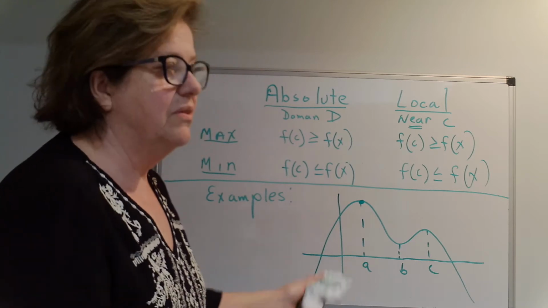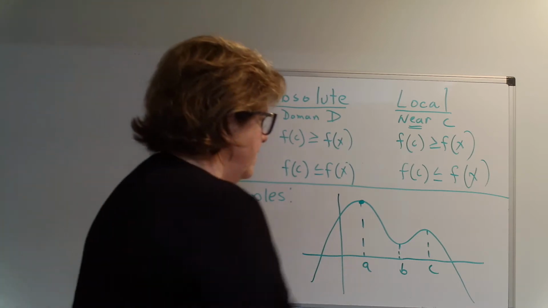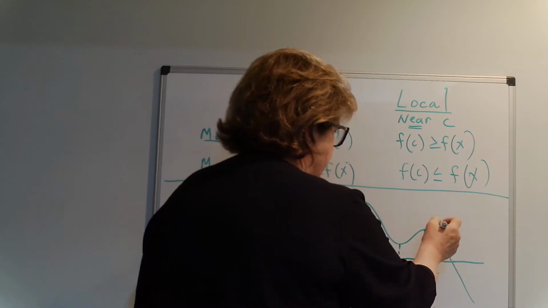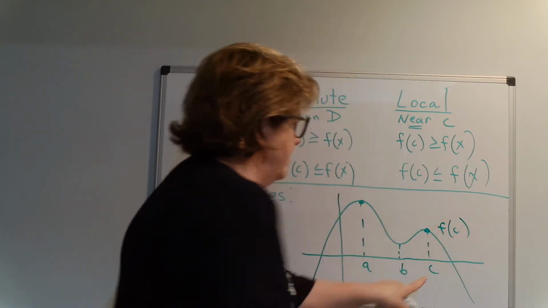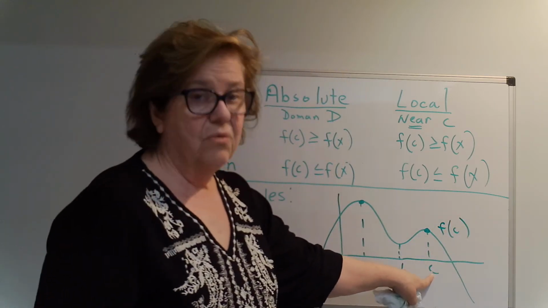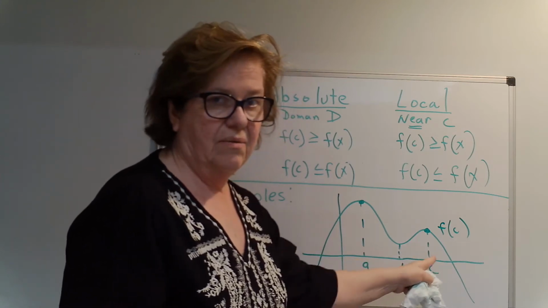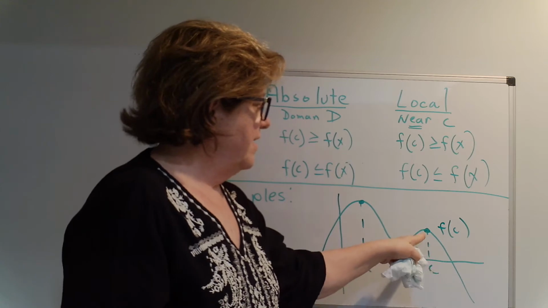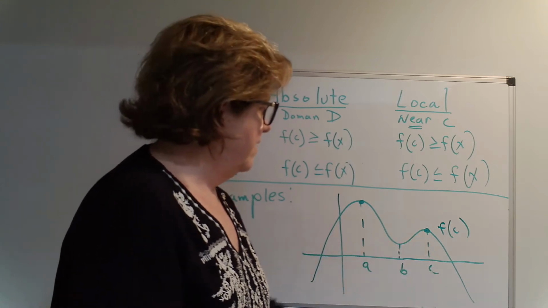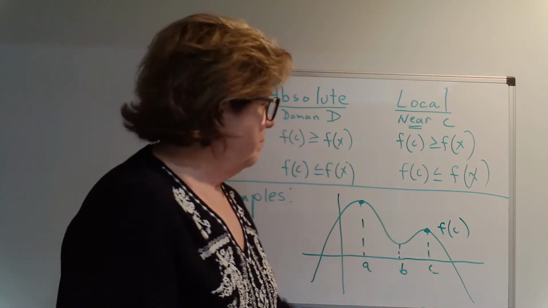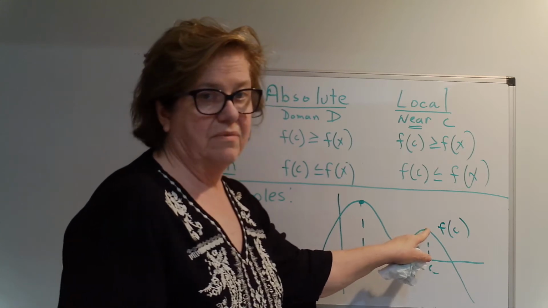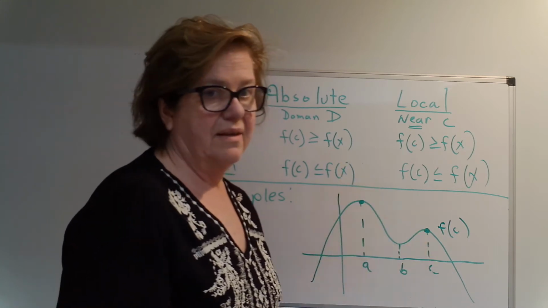It's also a local maximum. Here, the function value at C is a local maximum because if we stay near C, then f of c is always bigger than f of x. But it's not an absolute maximum. It's a local maximum, but not an absolute maximum.